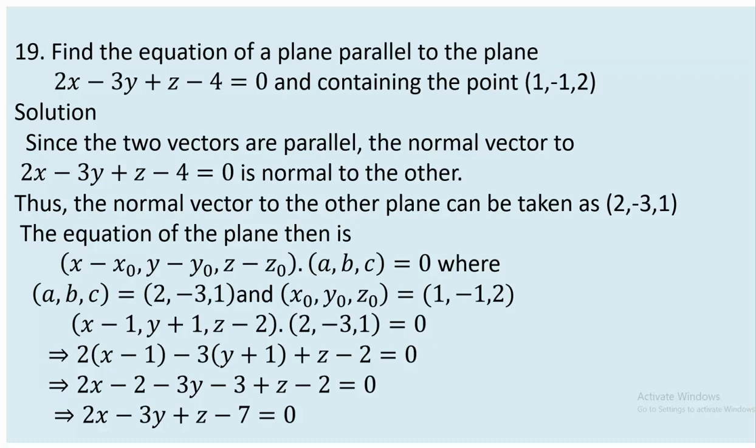Our d values are quite different. There it was -4, but now it's -7, so they are parallel in fact. And you need to check also whether the coordinates of the given point satisfy this or not. So when you substitute 1 for x, -1 for y and 2 for z, you'll obtain 7. And 7 - 7 makes 0. So what we obtained is the right answer.